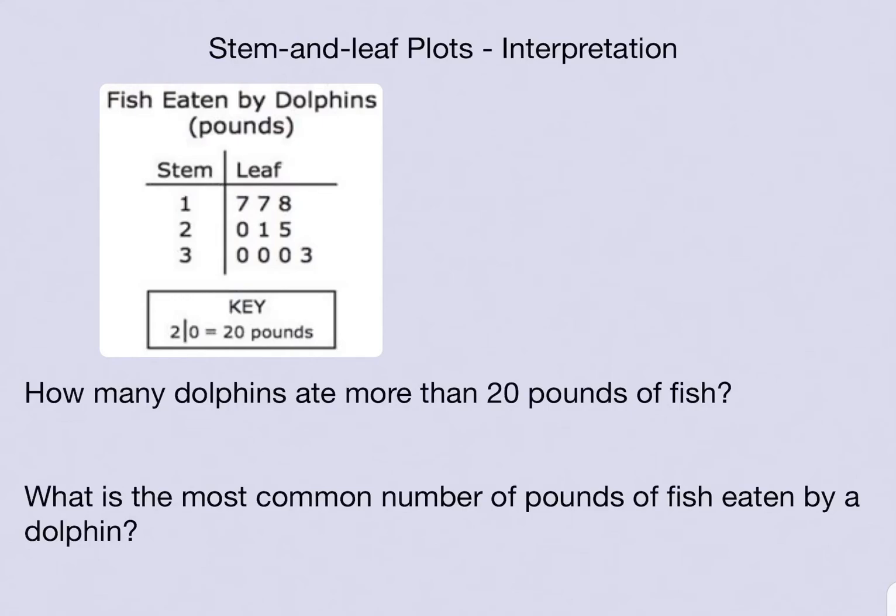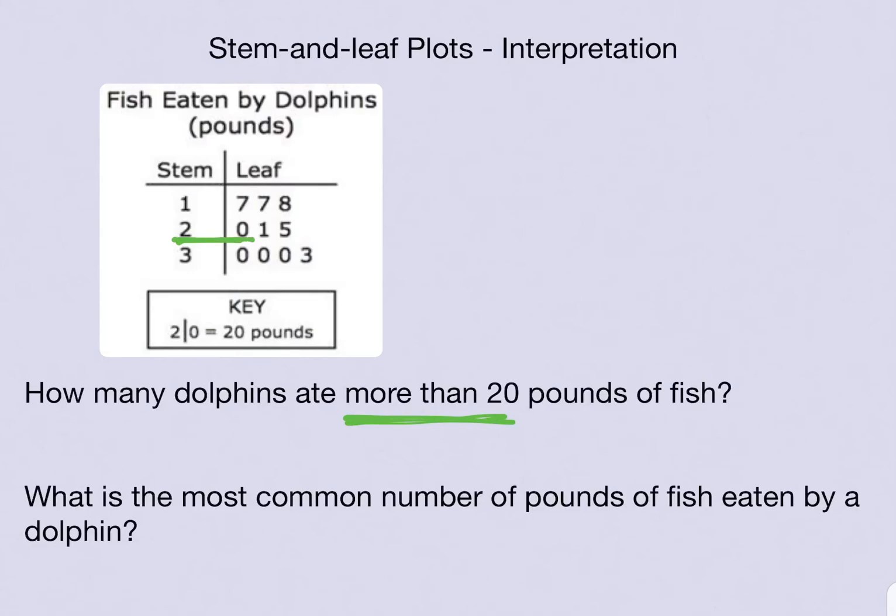I wanted to add a slide on this because these are the most common types of questions that you're going to answer from a stem and leaf plot. So I've put two questions here, and the first question is, how many dolphins ate more than 20 pounds of fish, according to this stem and leaf plot? Okay, they want to know how many ate more than 20. So when we look at these numbers, we're looking at numbers higher than 20.